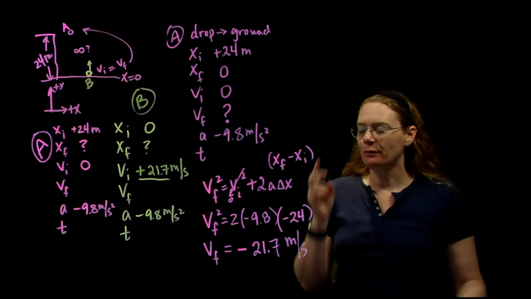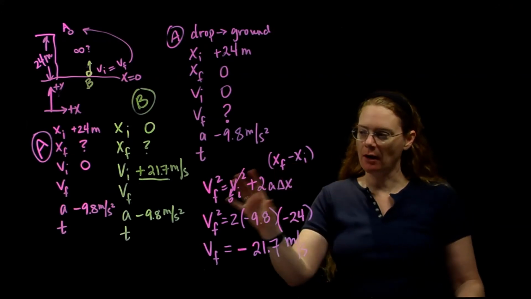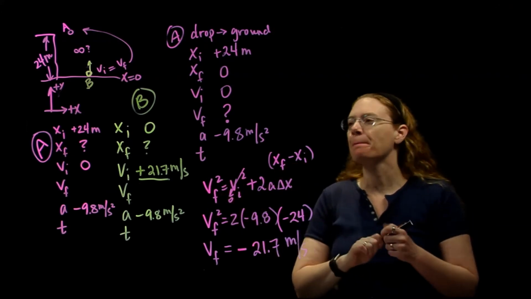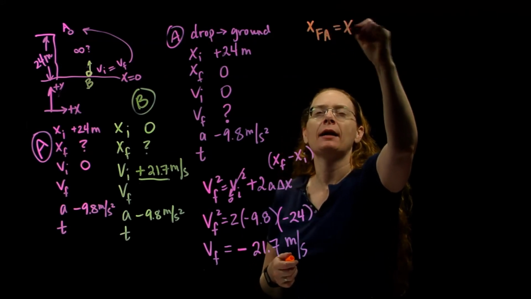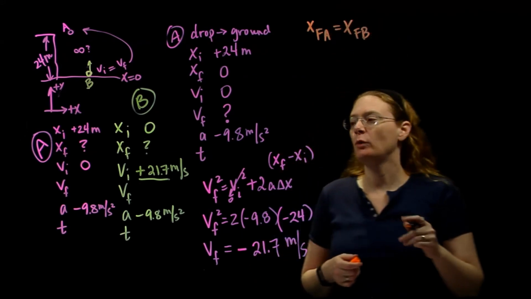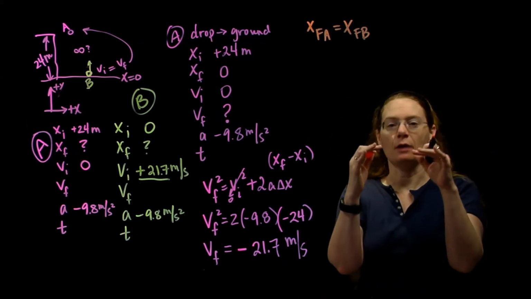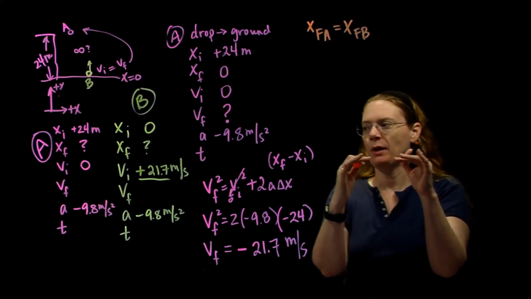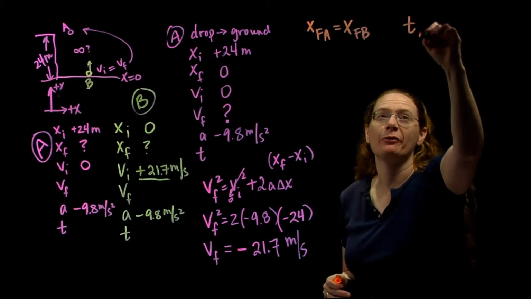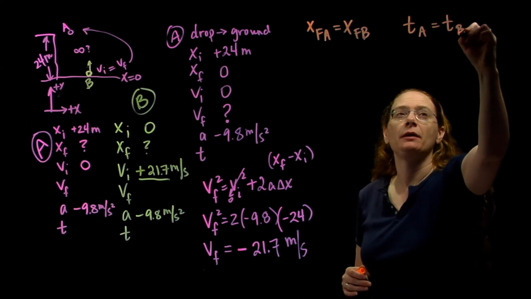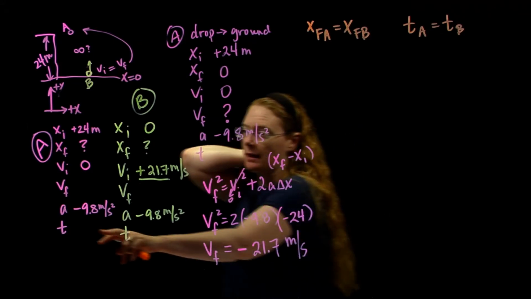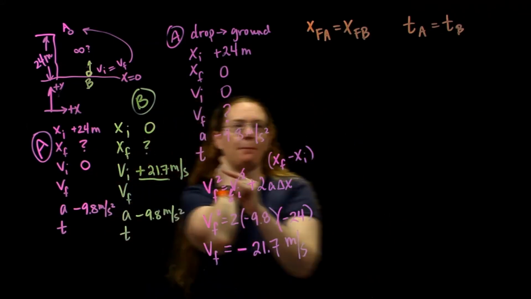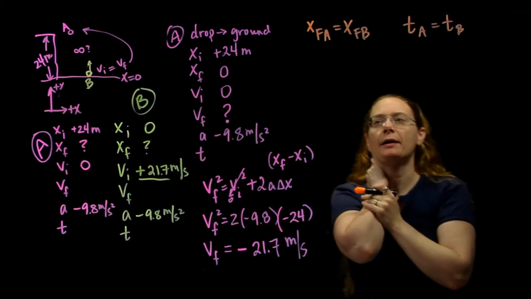We have two pieces of information that are not quite visible there. We know that X final of stone A is equal to X final of stone B. We know that our final position is the same for both of them. We also know that the time for A and the time for B are the same.